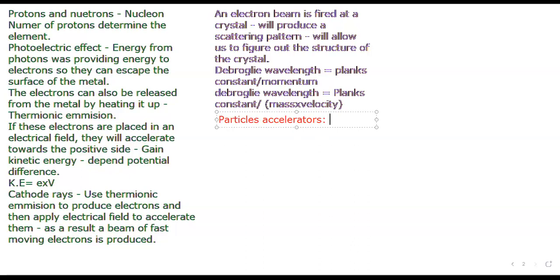Okay. Now, if I want to investigate the internal structure of protons, or if I want to study the structure of a neutron, I will have to collide them with other particles that are traveling at a very high speed. And it's important that we use a high speed because we want the particles to have a high energy. Because if the energy of the particles is low, they will simply bounce.